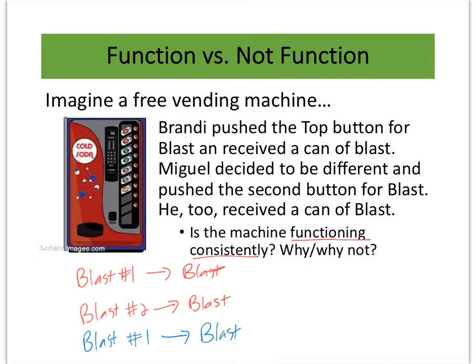And when I push Blast number 2 again, I also get a Blast. So I push Blast and I get Blast. This seems to be functioning consistently. In all of these situations, I can predict based on the button that I pushed that I get the soda that I anticipated. So it's functioning consistently. Okay, one more, and these seem kind of basic, but this next one is actually where it becomes really important to understand what we're thinking about.